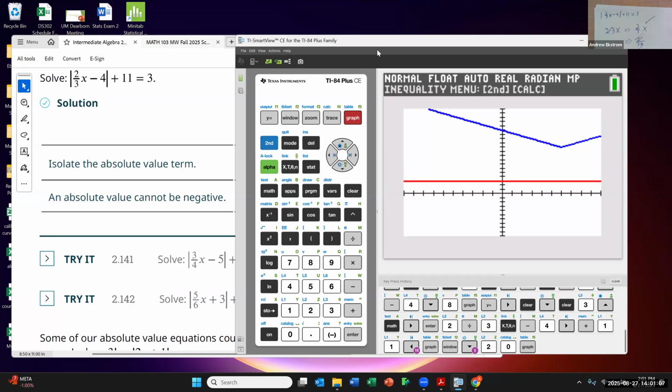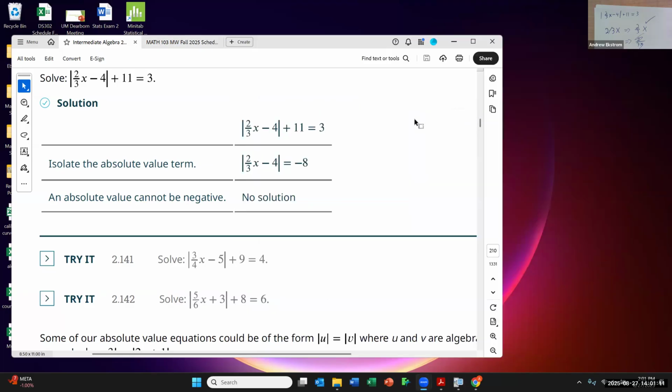Okay. But like I said, I did this a while back, with the first class that I had. If you're not thinking about it and you just go ahead and try to do this, so absolute value of 2/3 x minus 4, plus 11 equals 3.